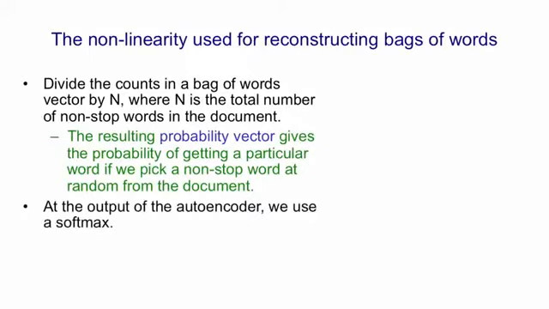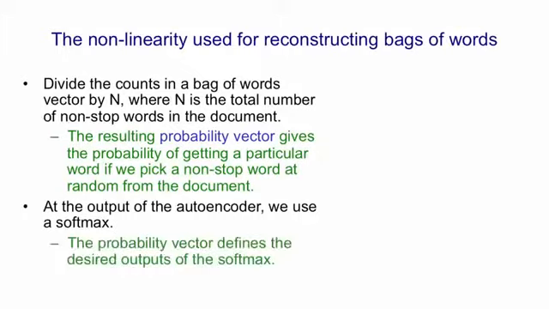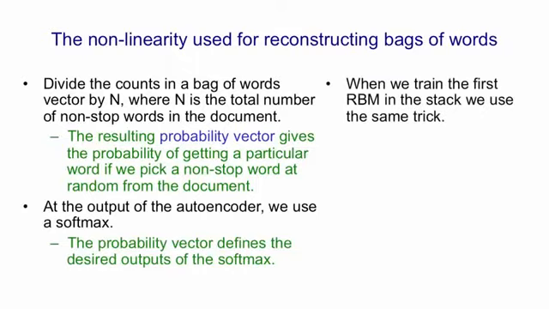So at the output of the autoencoder, we're using a great big 2000 way softmax, and our target values are the probabilities of words when we reduce the count vector to a probability vector. There's one further trick we have to do.